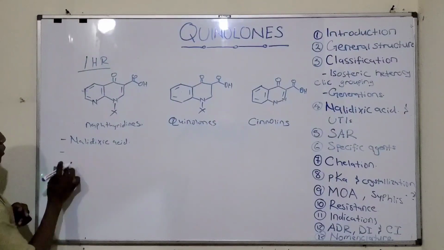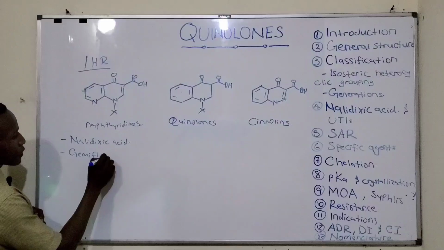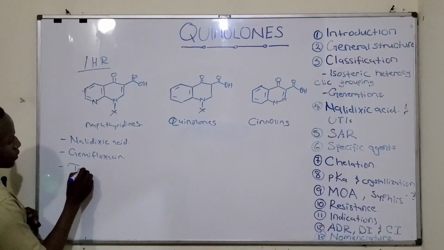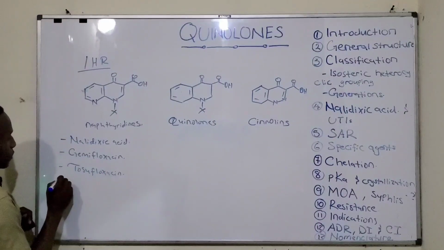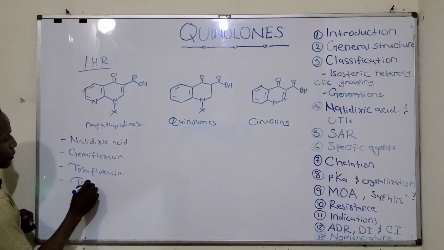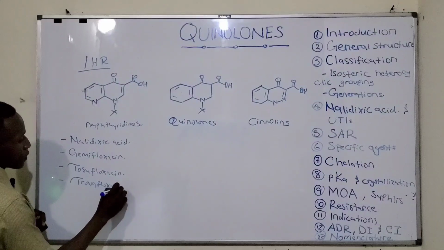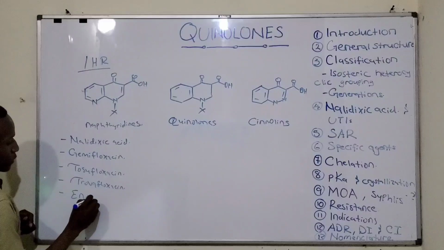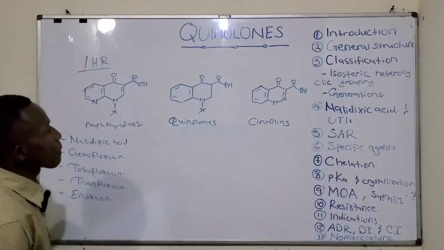Here we have gemifloxacin. We have tosufloxacin. We have trovafloxacin. We have enoxacin, among others.